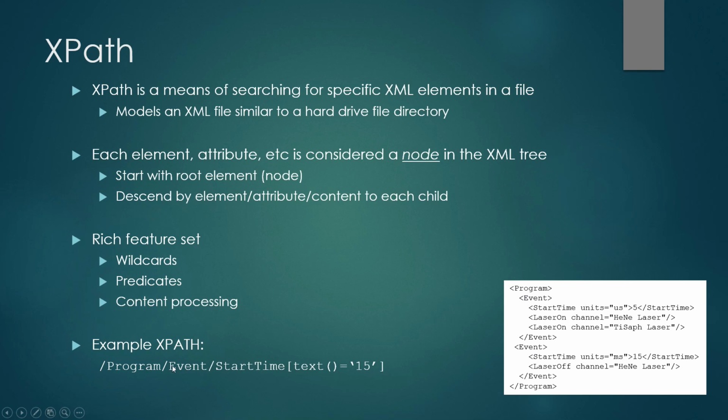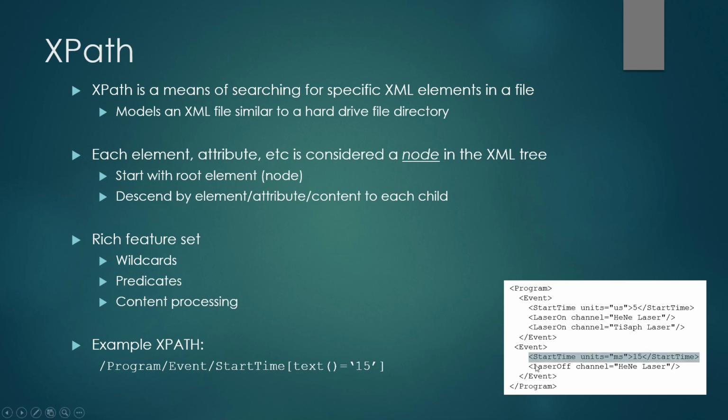But there's only one of them. Then within those, find all the events. Then within those, find all the start times, and check to find the start time that has a value of 15 inside of it. Okay.